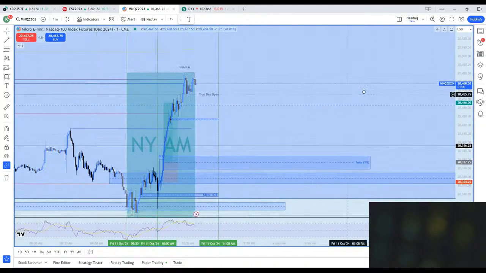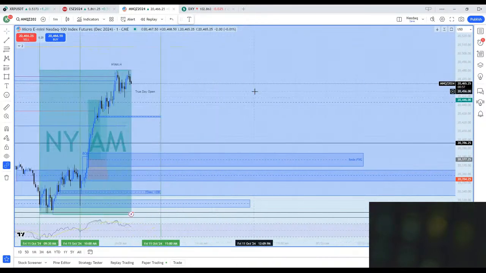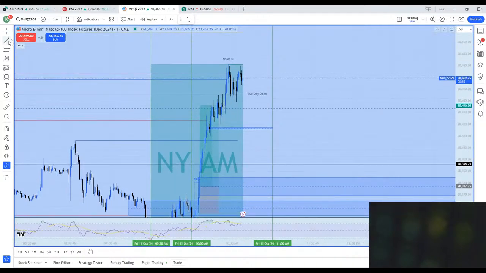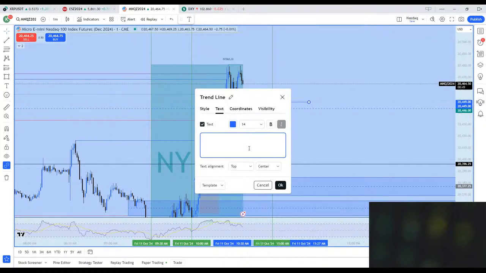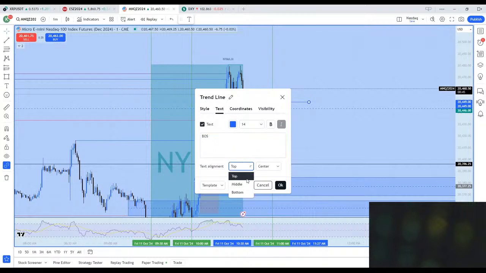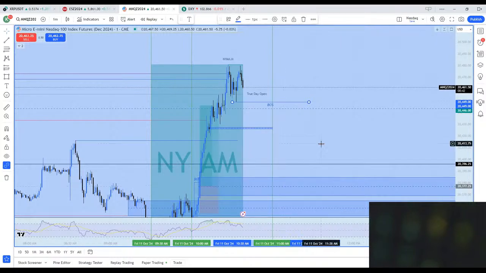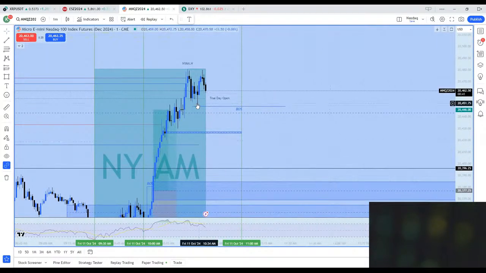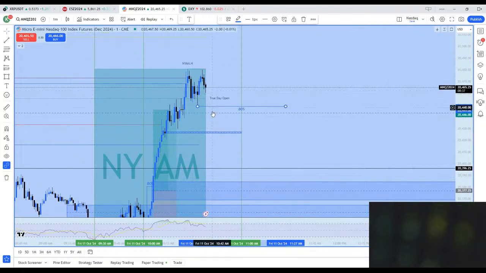So this right here would be an area. If I wanted to take a trade, I could wait for a break of structure right here under this low. This would be a break of structure. I would wait for it to break that, and I would wait for it to leave, I would expect it to leave a fair value gap.